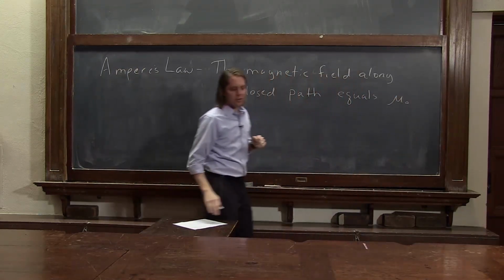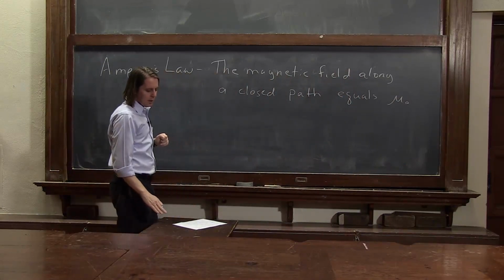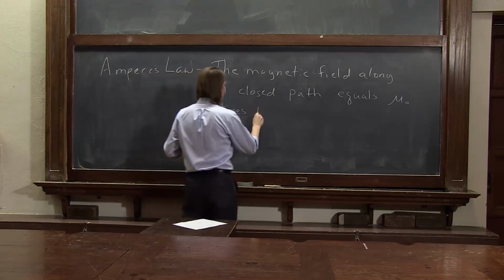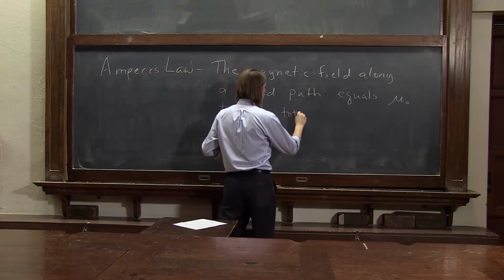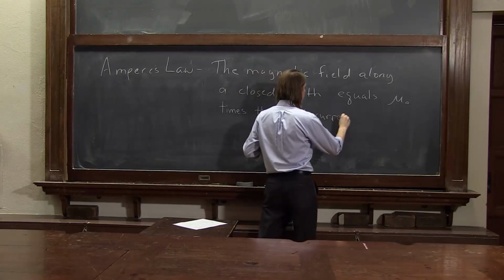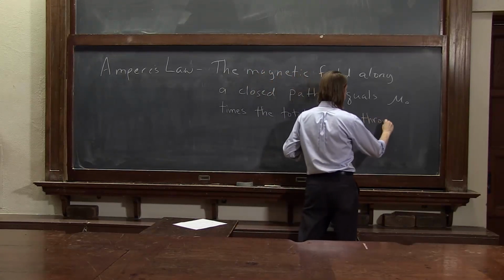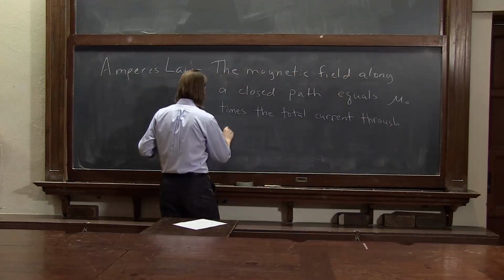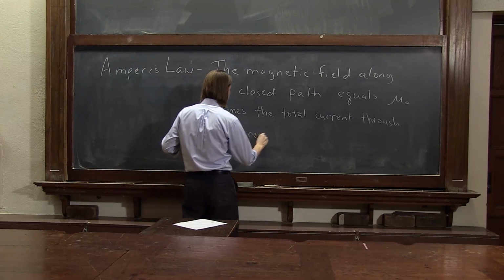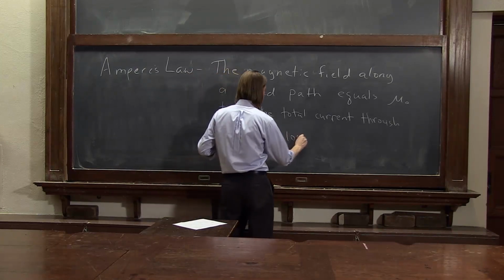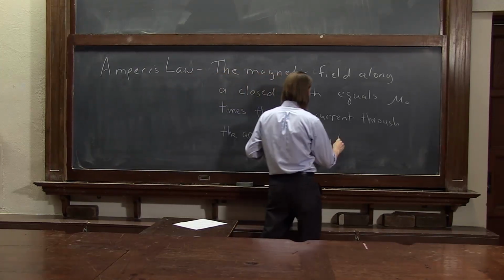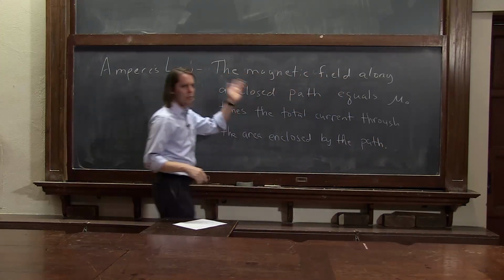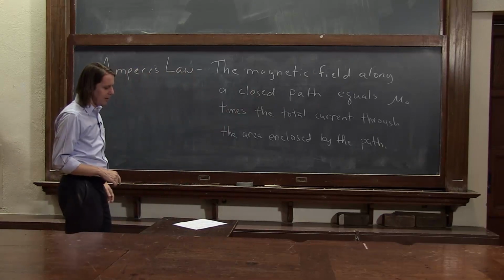Remember, that's the permeability of free space times the total current through the area enclosed by the path. That is my way of stating Ampere's law. It might be slightly different in your book.